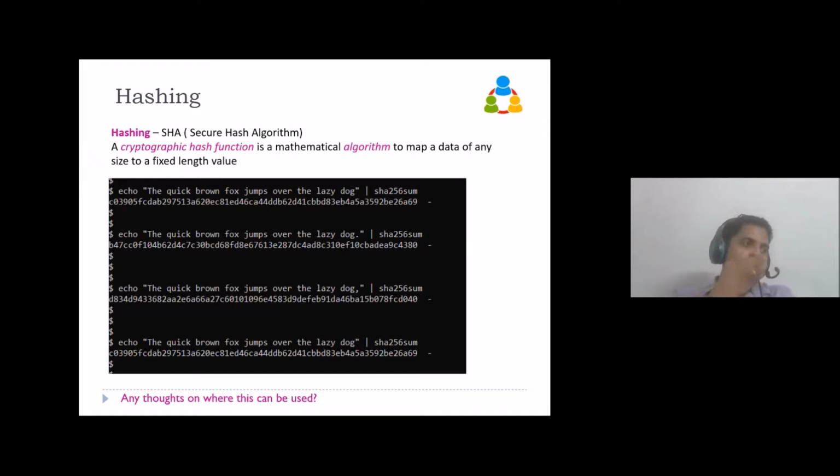If you have sent emails to people, you would have attached documents or images and then sent them. Many of us would have used WhatsApp, typed in certain data and sent it to people. Say you have sent a file over the internet.